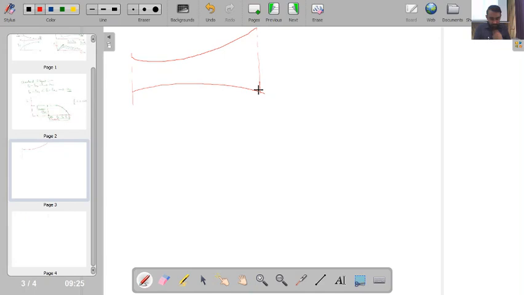Okay, so what I will do now over here, I will try to superimpose the profiles, which will give a very interesting finding.